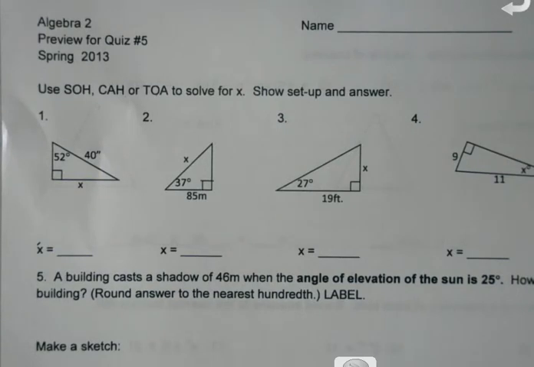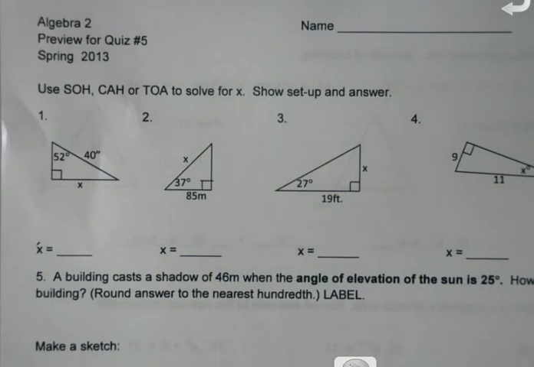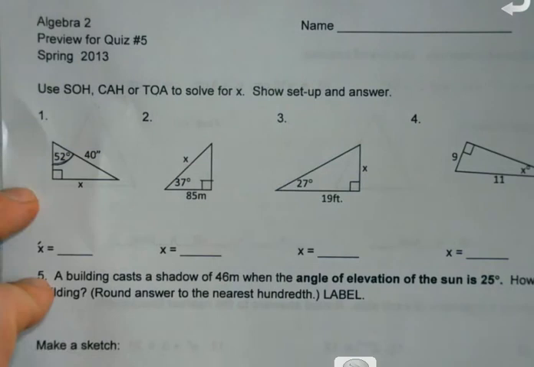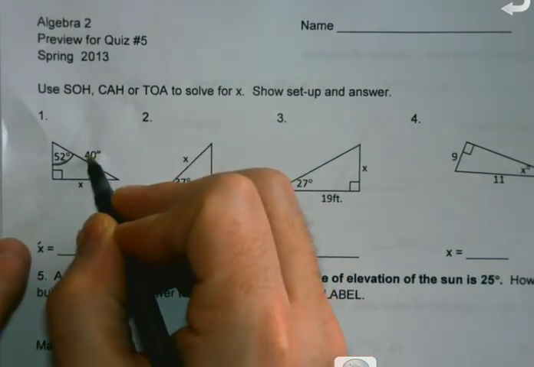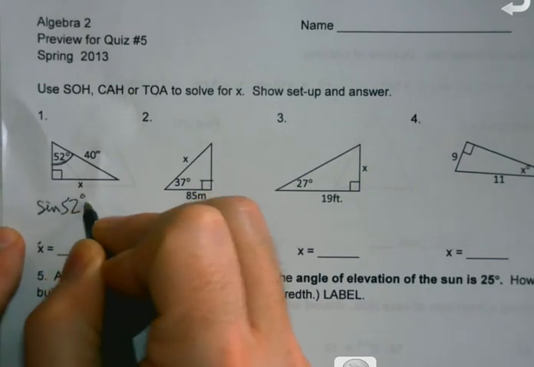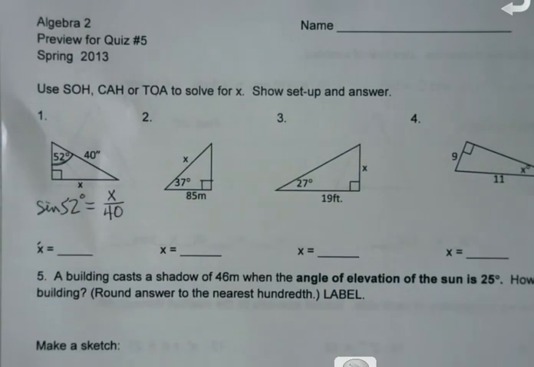For number one, which sides do I have to work with? Try to ignore the fact that that's got hypotenuse and opposite. You're like, wow, it's been a while since we did this. Right. I've got opposite and hypotenuse, which tells me I have sine. So the sine of 52 is opposite over hypotenuse.